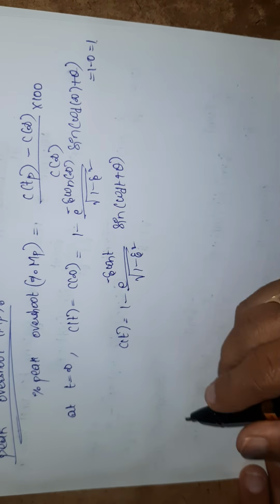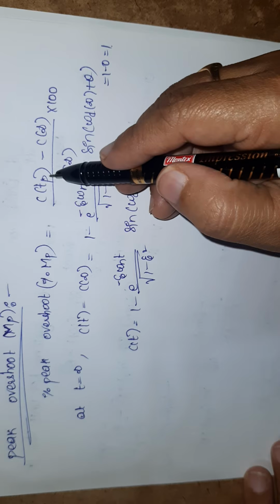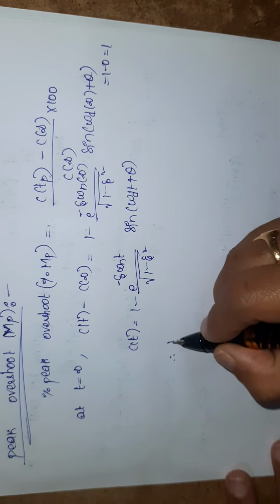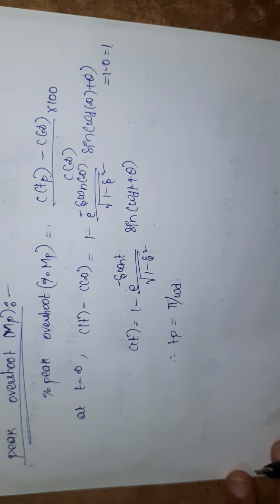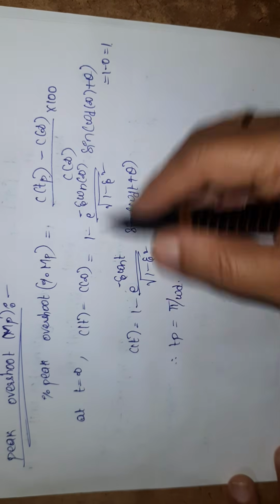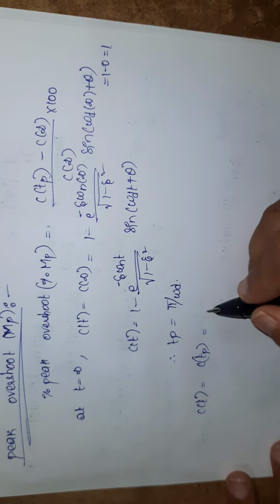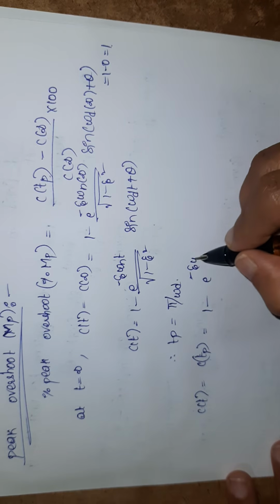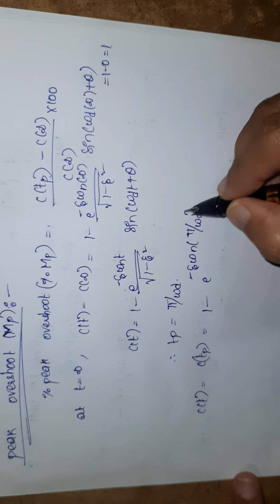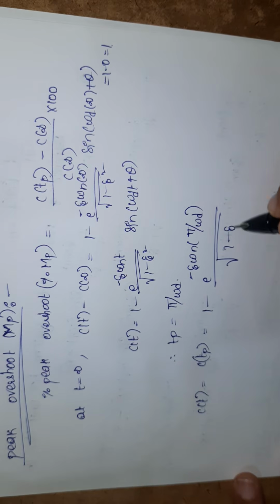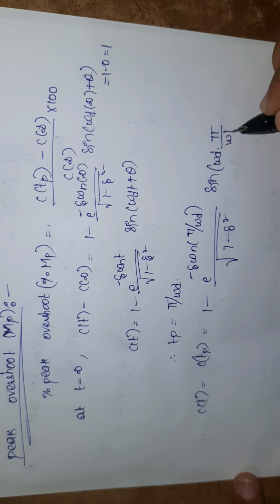Okay, now I want to calculate c of t at Tp. What is Tp? We got the peak time as pi by omega d in the earlier derivations. Now c of Tp is equal to 1 minus e power minus zeta omega n into Tp, with Tp as pi by omega d, divided by square root of 1 minus zeta square, into sine of omega d times pi by omega d plus theta.